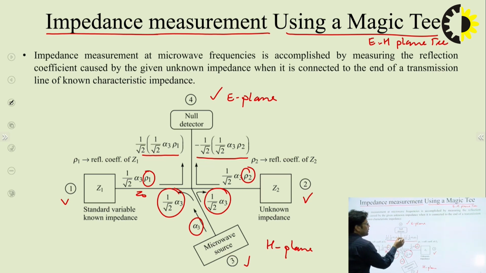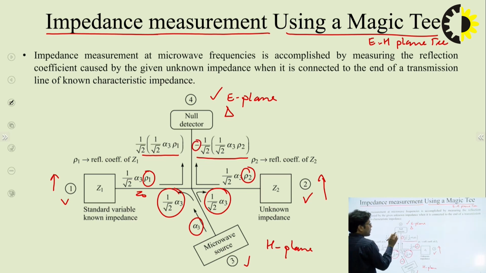Why are we considering the negative sign? Because at port number 1 and port number 2 we are considering the input as the same phase. When the two inputs at port number 1 and port number 2 are in the same phase, then at port number 4, that is the E plane, we will have a difference of these two. That's why these two are in opposite phase, and this sign is negative.